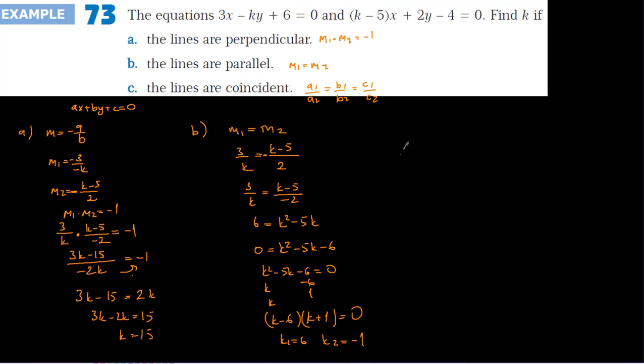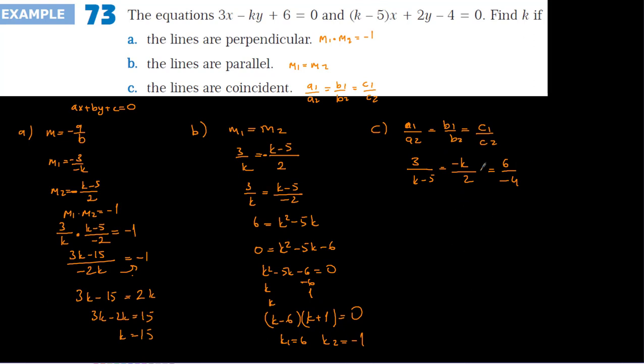Now third condition. Here A1 over A2 should be equal to B1 over B2. Then it should be equal to C1 over C2 if the lines are coincident, which means that 3 over K minus 5 should be equal to minus K over 2 should be equal to 6 over minus 4.